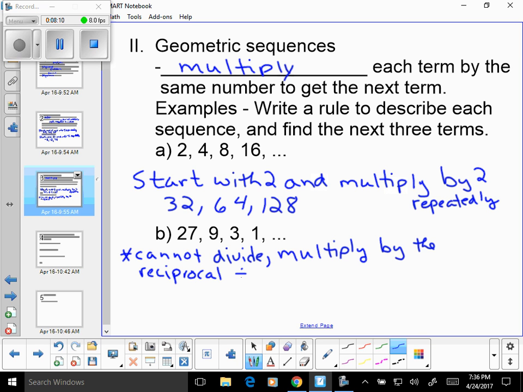So if you want to divide by 3, you have to multiply by 1/3. Remember that 1/3 is the reciprocal of 3. If you remember back to doing fractions, in particular, we said that you have to multiply by the reciprocal of the divisor. So instead of dividing by 3, we're going to multiply by its reciprocal of 1/3.